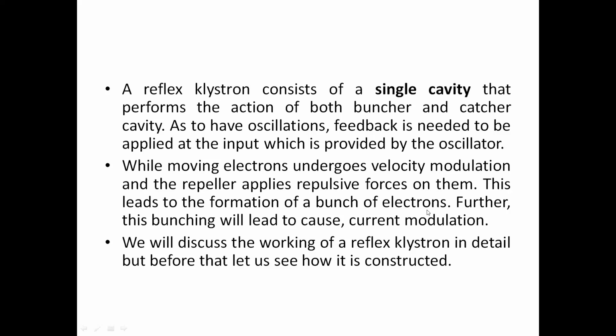So we have repulsive forces. All these bunched electrons come back in the reverse direction and are attracted by the cavity. That allows electron velocity modulation. So this is the brief working principle of the reflex klystron.